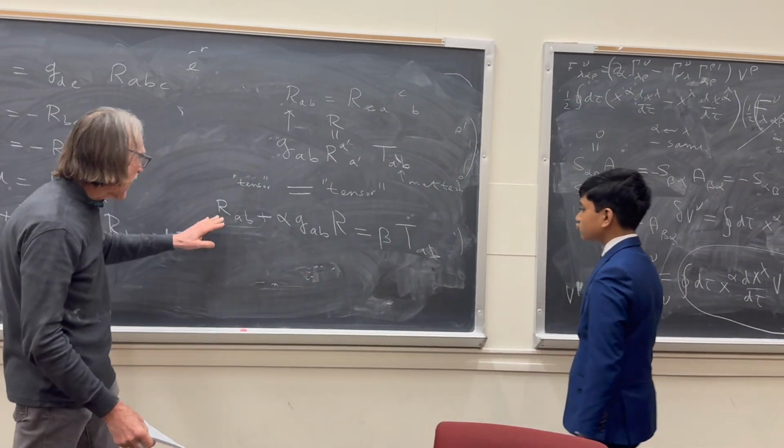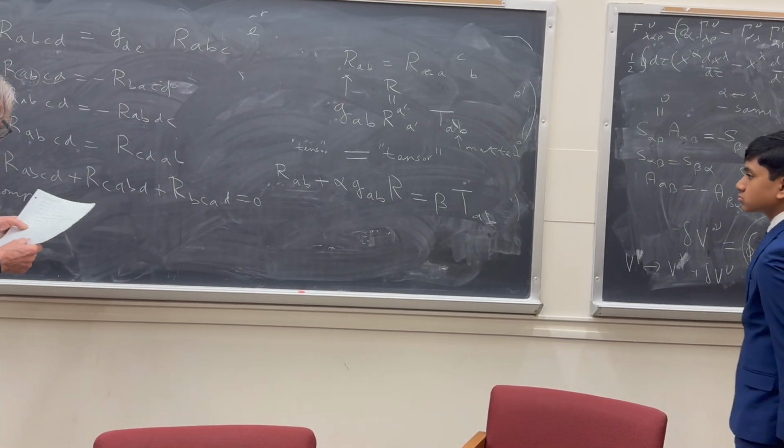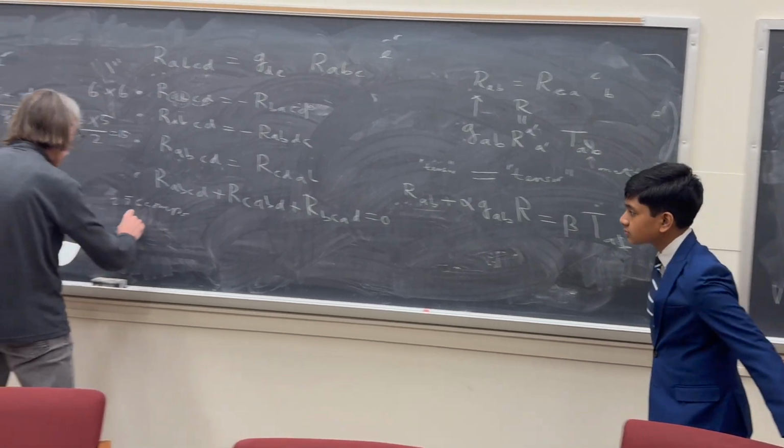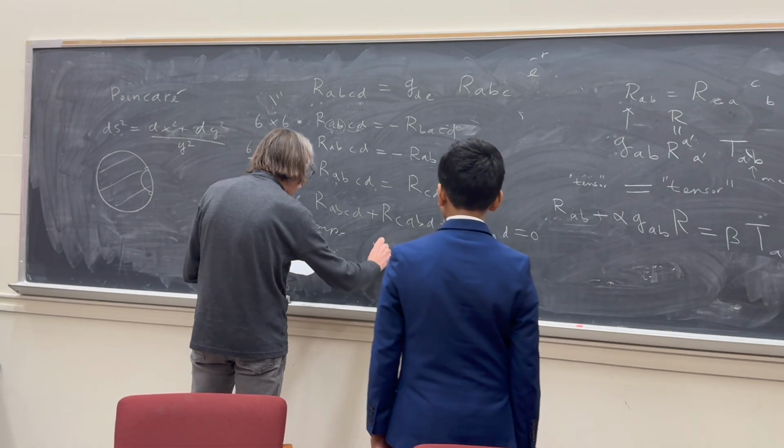For alpha, we have one relation which I didn't discuss. That is the so-called Bianchi identity. It's actually quite some work to derive it.